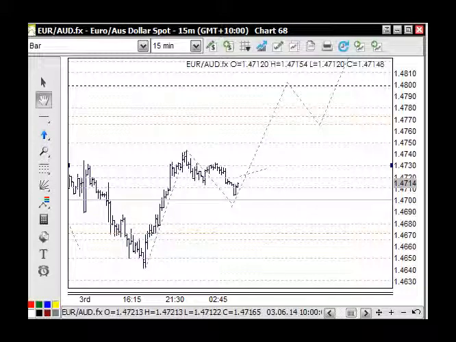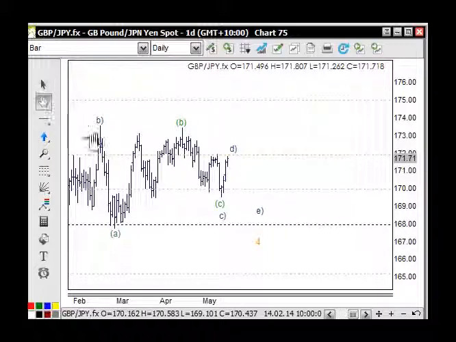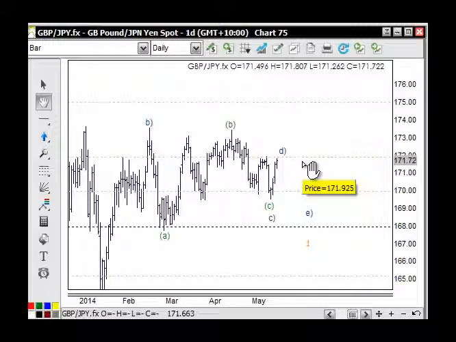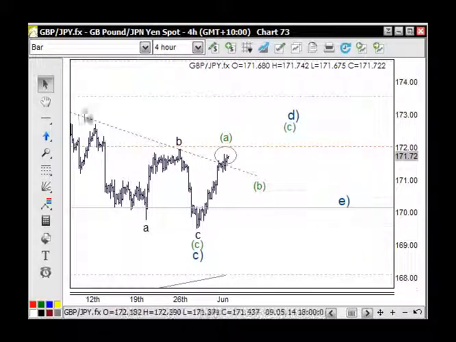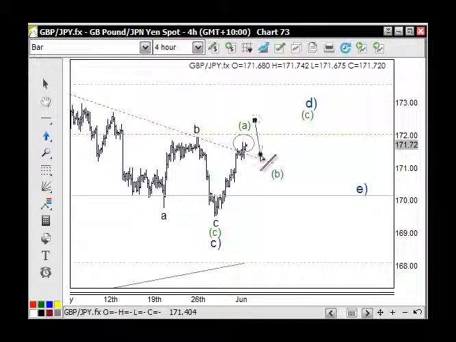So that's pretty exciting. The pound yen is now a bit between a rock and a hard place. It's moving back into supply here at 172. So there's not a lot to do here, unless 172 became support, but that would take ages. The reason is that there will be 5 waves up to the A wave here, then some type of corrective move back, a 5-3-5 pattern, and then another move up through to here.